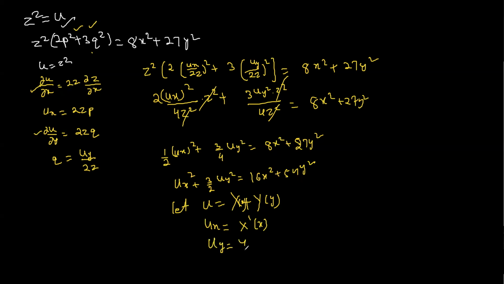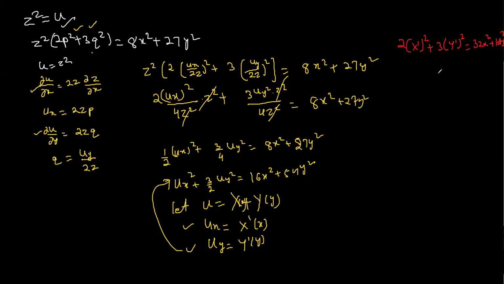Uy is Y dash. Substitute these two values here. After putting, you will get 2X dash whole square plus 3Y dash whole square equals 32x square plus 108y square.